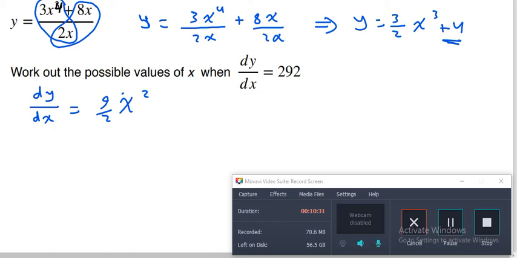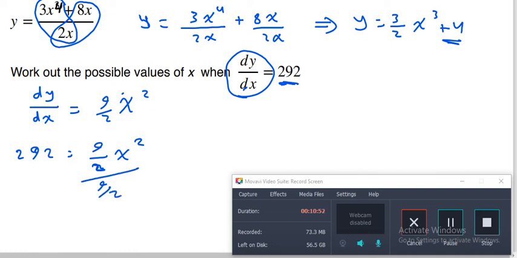In the last questions we used to put the number given in the place of x, but here the number given will be put in the place of dy/dx. So it will be 292 equals 9/2 x^2, and solve this equation to find the values of x.